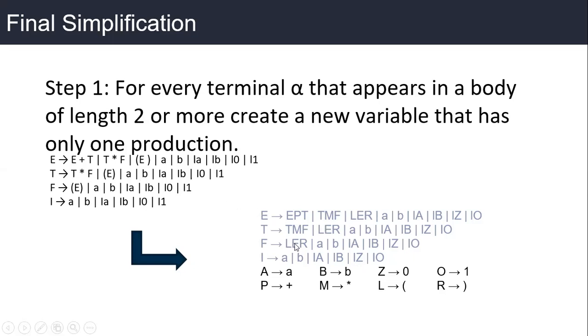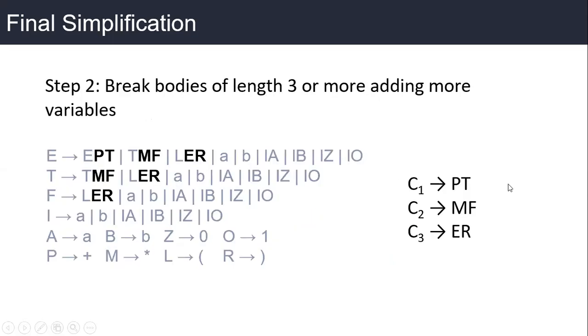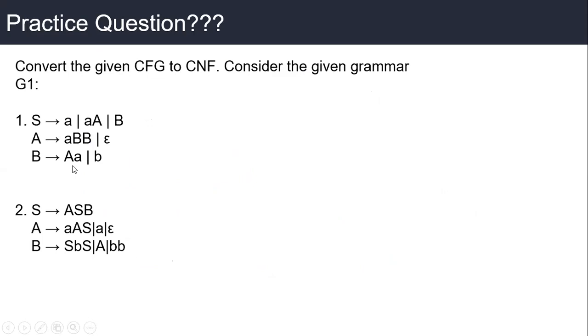So we get this grammar. Now we see there are three variables, and these three variables are converted into two variables. CPT is replaced by C1, MF is replaced by C2, and ER is replaced by C3. So we have only two variables here.